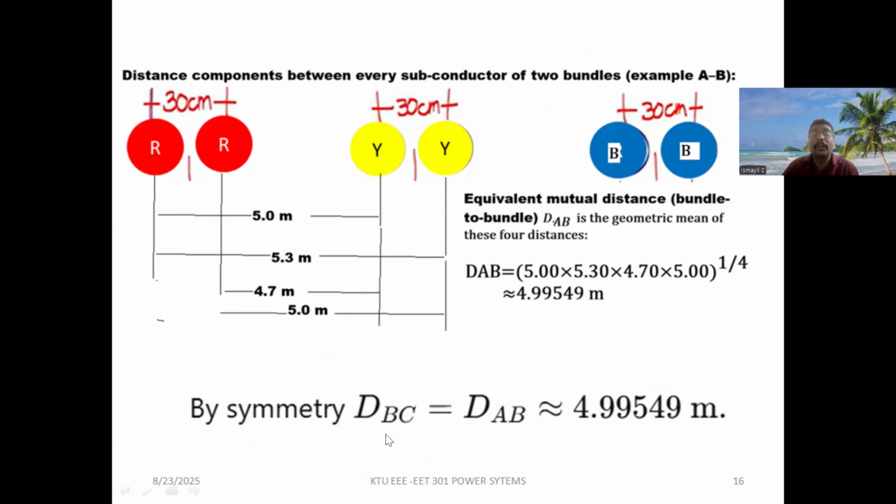In my notation, in the figure I am using RYB, and in my formula I am using ABC. So no need to calculate it again. We would be getting the same result for the case of Y and B. The equivalent mutual distance between Y and B is again equal to 4.99.